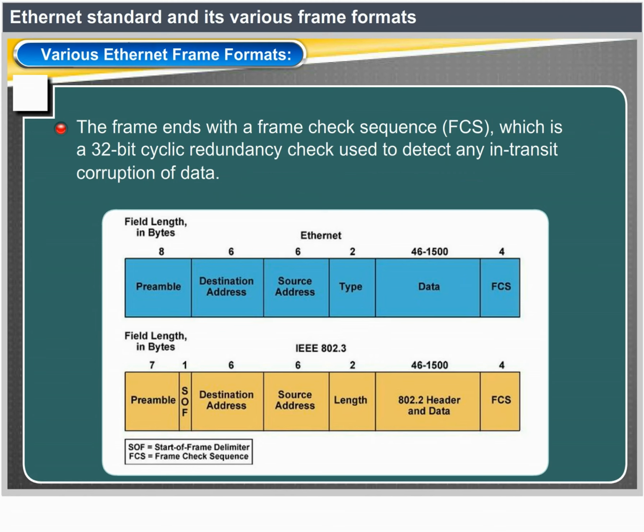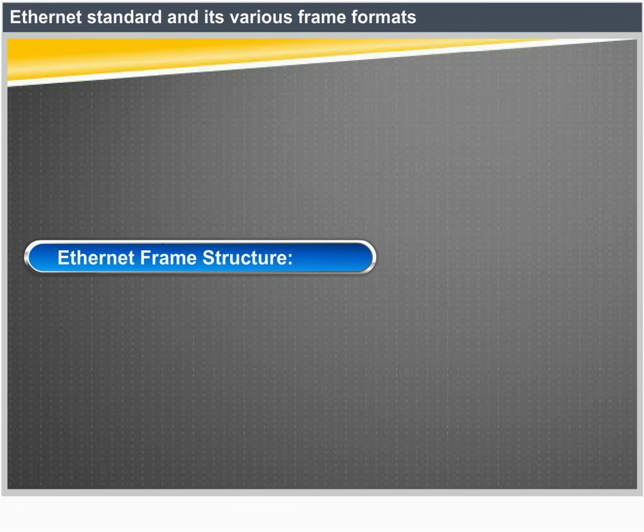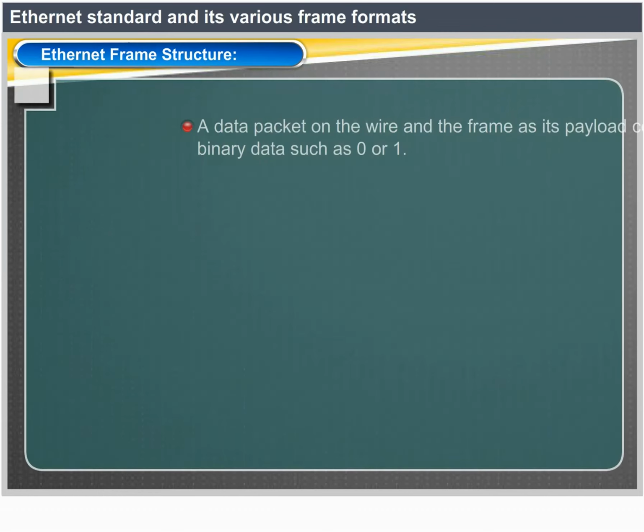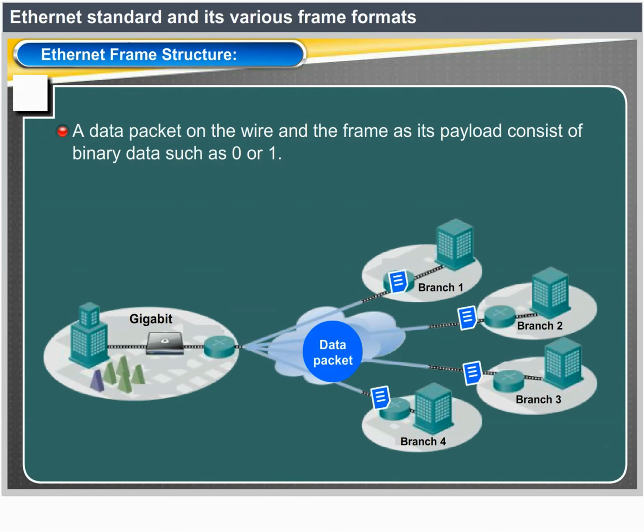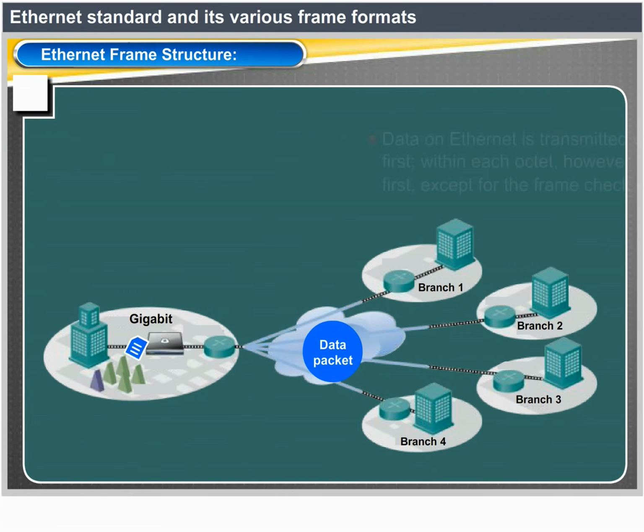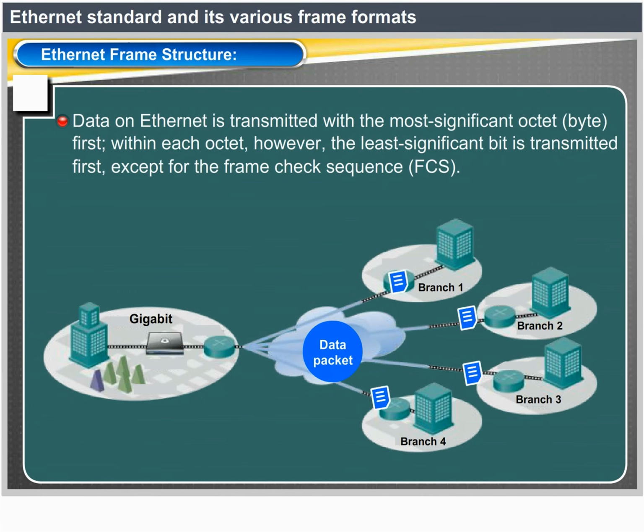Ethernet frame structure. A data packet on the wire, and the frame as its payload, consists of binary data. Data on Ethernet is transmitted with the most significant octet, or byte, first. Within each octet, however, the least significant bit is transmitted first, except for the frame check sequence, or FCS.